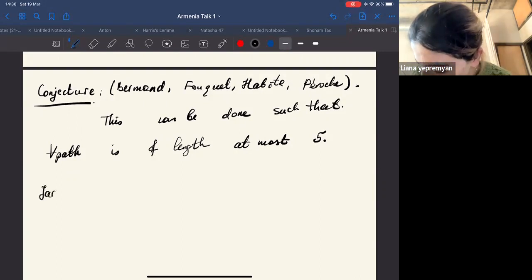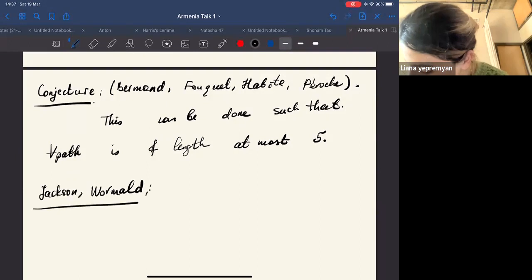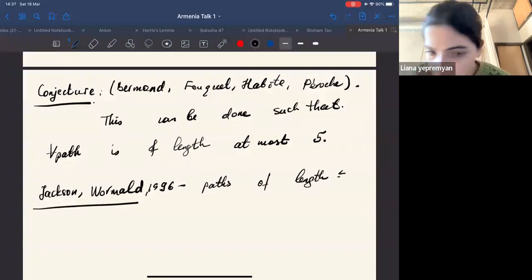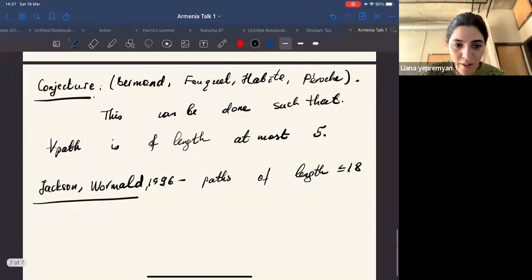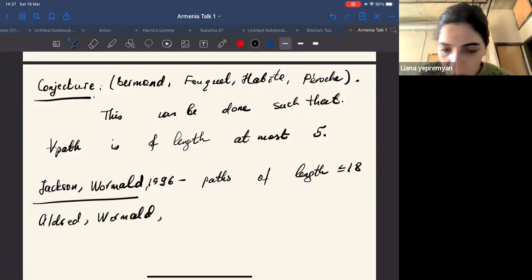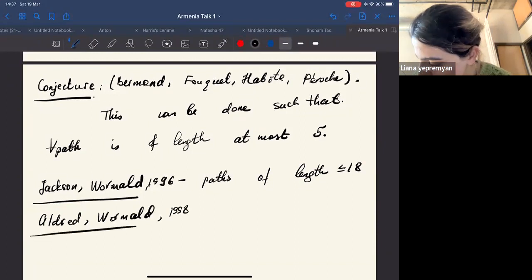So Jackson and Wormald showed in 1996 paths of length at most 18, and then Aldred and Wormald showed that one can do a bit better, in 1998, and they got paths of length 9.